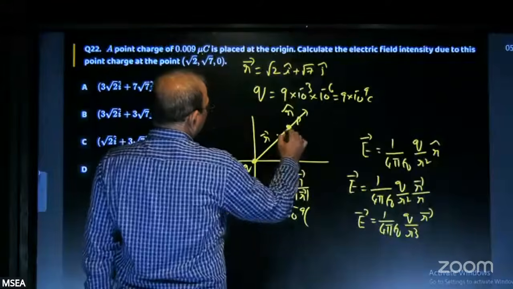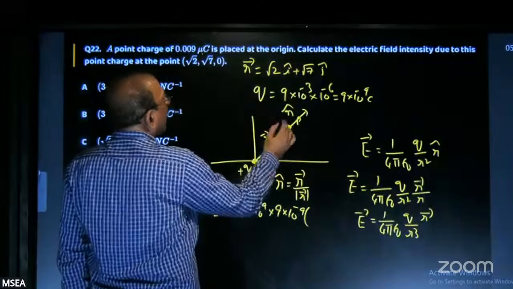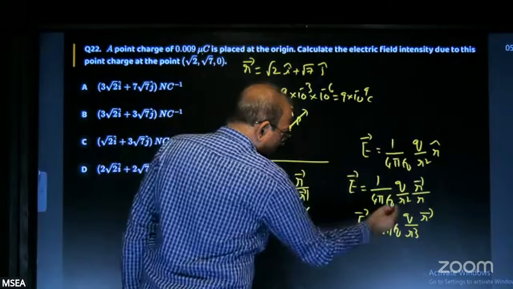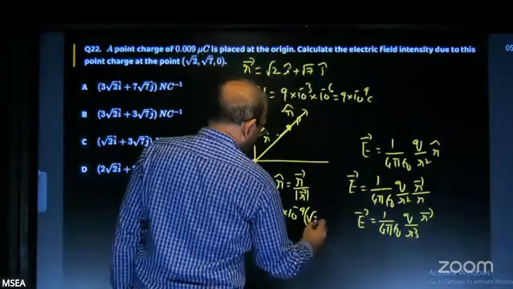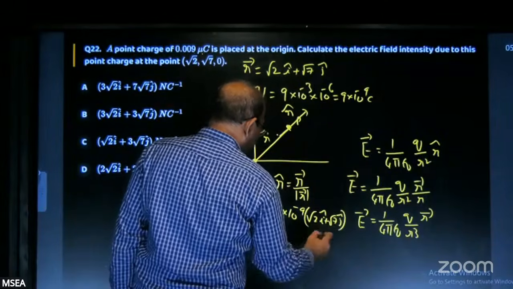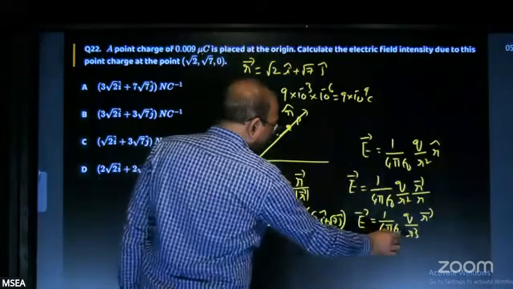So this position vector OP bar is root 2 I cap plus root 7 j cap. That is only this r bar. So write root 2 I cap plus root 7 j cap by r cube.